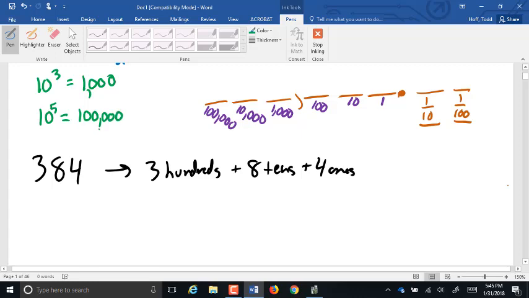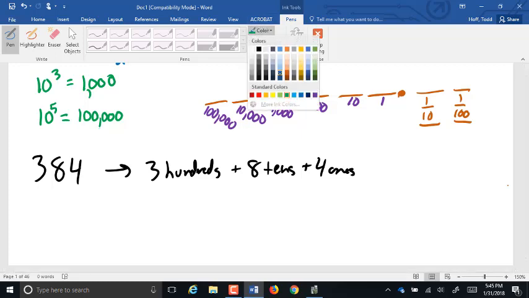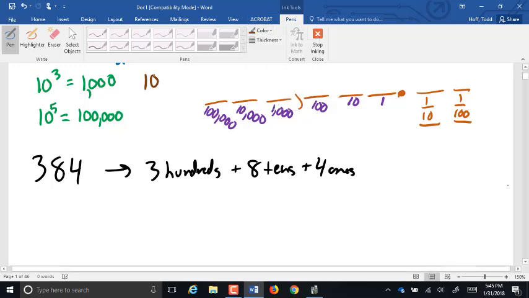Do you guys remember the shortcut for doing powers of 10? Whatever the power is, is how many zeros are on the end of it. There we go. So 10 to the 4th is a 1 followed by 4 zeros.